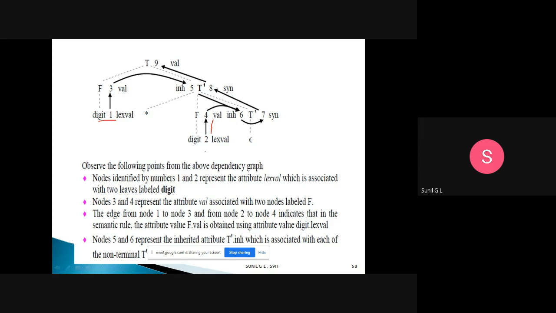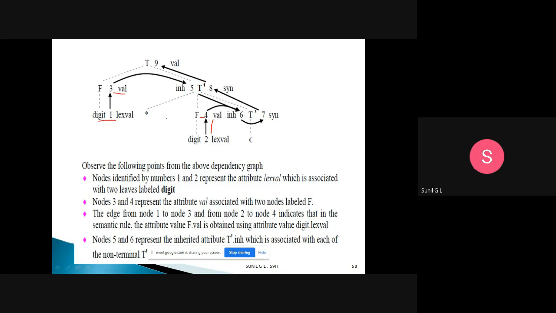These are the starting, basic digit values, and they will pass to F. Nodes 3 and 4 represent the attribute val associated with the two nodes labeled F. So digit.lexval is moving to F.val: that is 1 to 3 and 2 to 4.